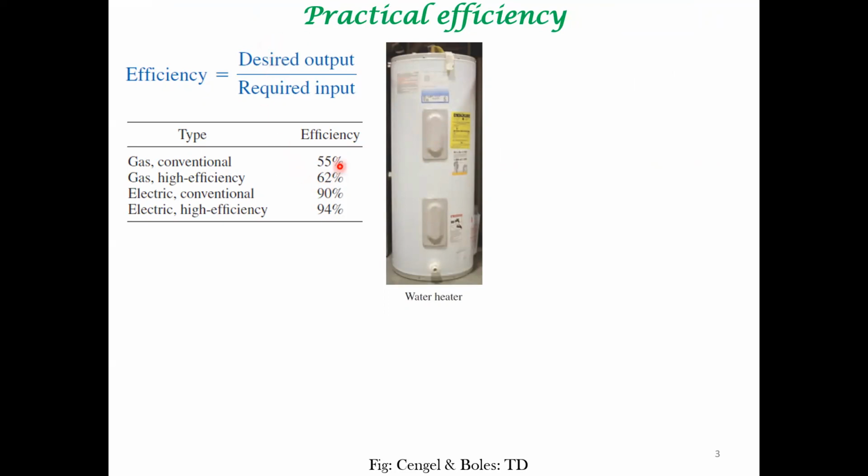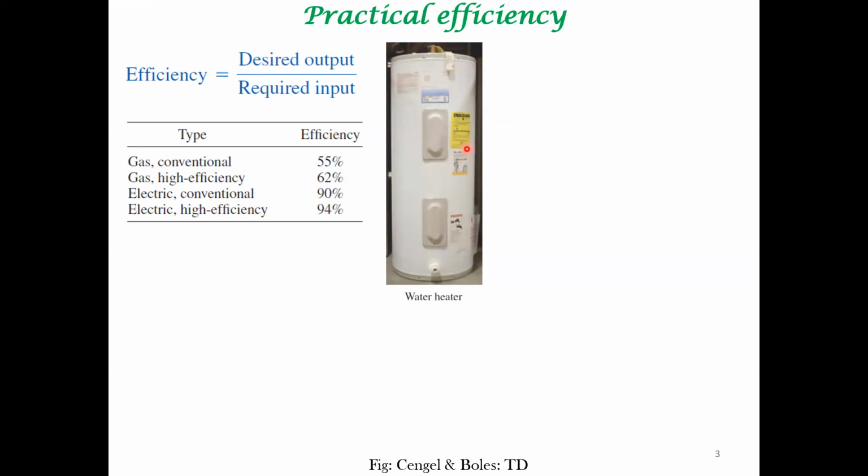And you would see data like this, conventional efficiency and high efficiency. So actually, if you see the difference, this is because of just insulation. Okay, same thing here, electrical and conventional, high efficiency. The better the insulation, the lesser is the heat that escapes out of the heater. So it's more efficient.